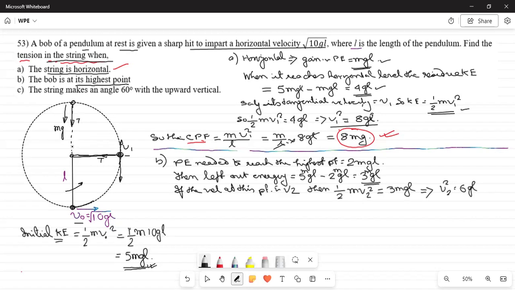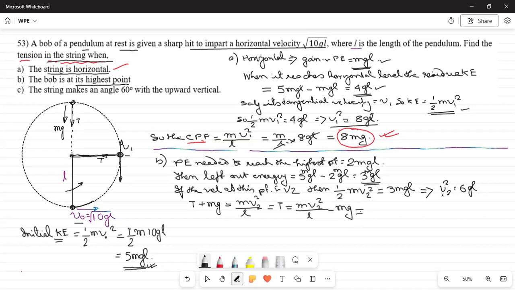Therefore, here, tension T plus mg, both together provides the centripetal force mv square by L. Therefore, tension T is equal to mv2 square by L minus mg, because we have considered v2 here.